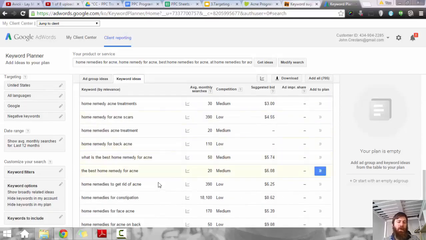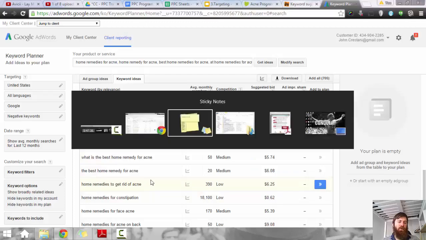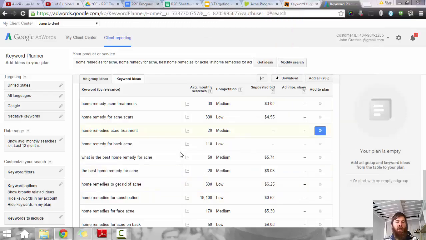What I am going to do is make sure that we get rid of a lot more negatives. A number of things are showing up in the suggestions. Keep in mind, if Google is suggesting these terms, such as constipation, Google could somehow misconstrue our modified broad match keyword and make us advertise on constipation related words.